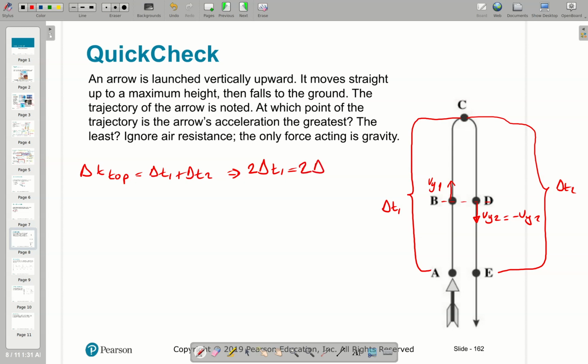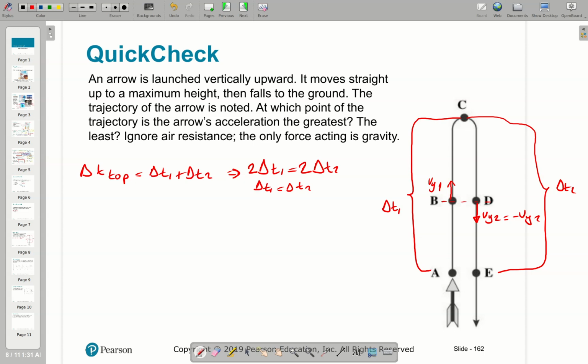Because they are equal to each other. So find one time, up or down, and you're done with the total time, because delta T1 is equal to delta T2.